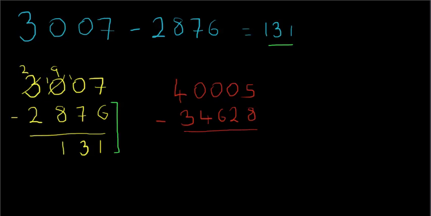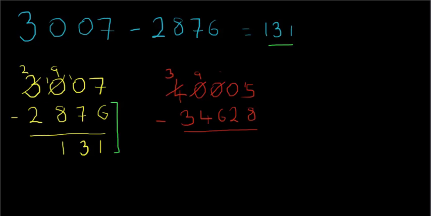It looks pretty horrendous that, but we can now use our little shortcut as it were. 5 take 8 doesn't go, so I'm going to borrow from the next available digit. In this case it's a 4, which becomes a 3, and the 5 therefore becomes a 15. Now in the way between that 5 and that 4 there were 1 2 3 zeros. They each become 9s.